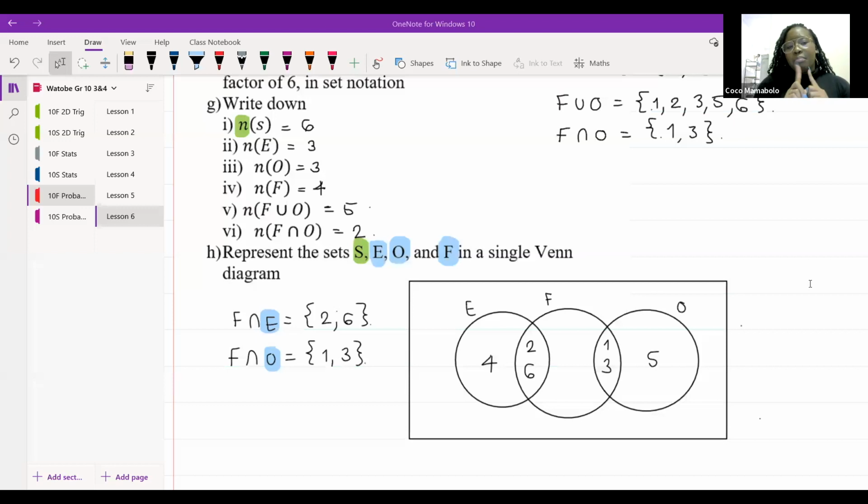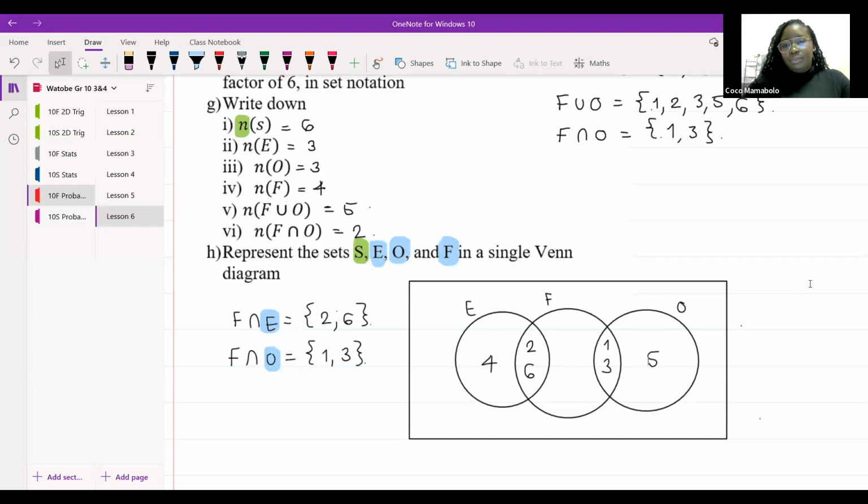So we call them what? Mutually exclusive. Yes. Good. Because you can't have an even and an odd number together. And that's why E and O don't intersect. They are only joined together by F.